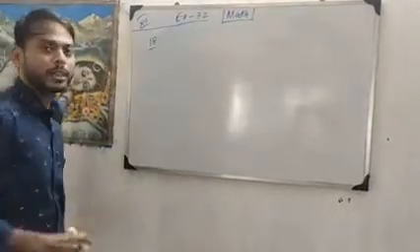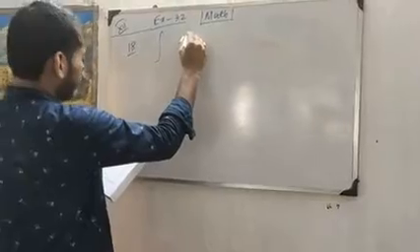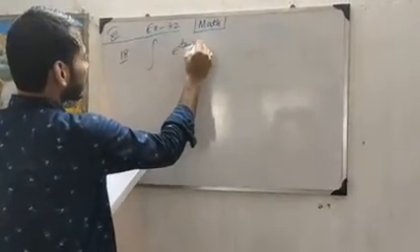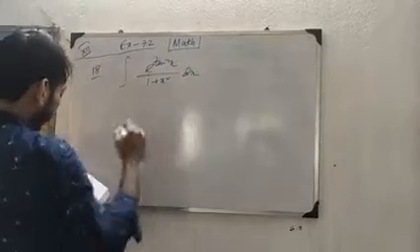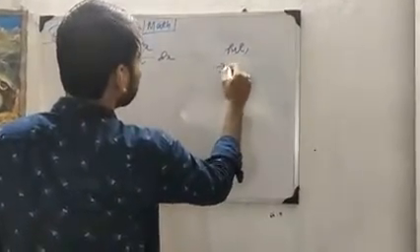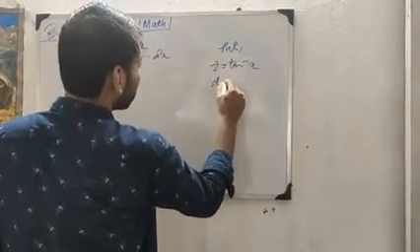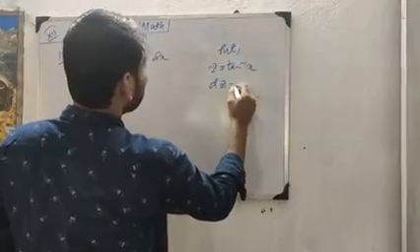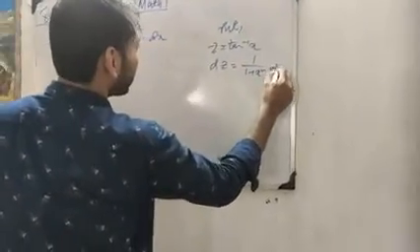Now question number 18. Integration e to the power tan inverse x by 1 plus x square dx. Okay. Here we will put z equals to tan inverse x. That means after doing the differential, it will be dz equals to 1 by 1 plus x square dx.